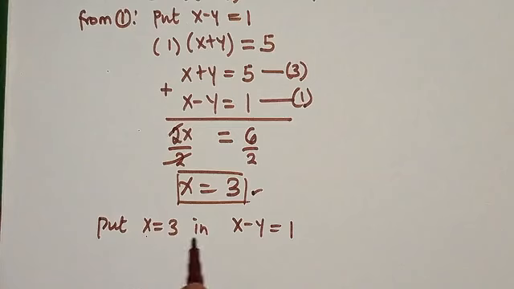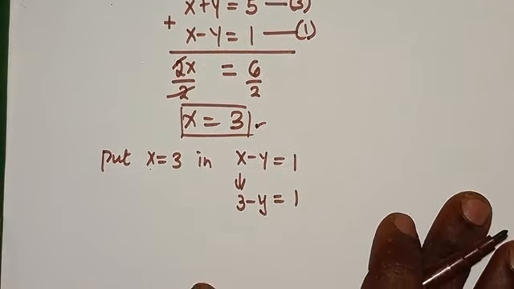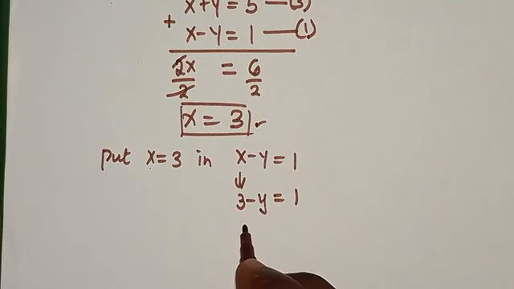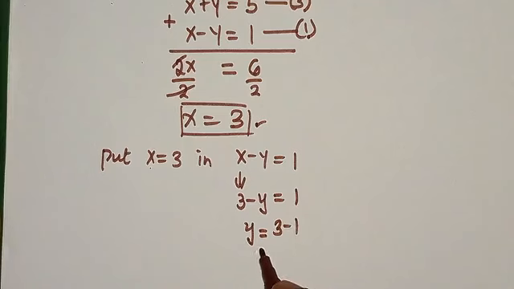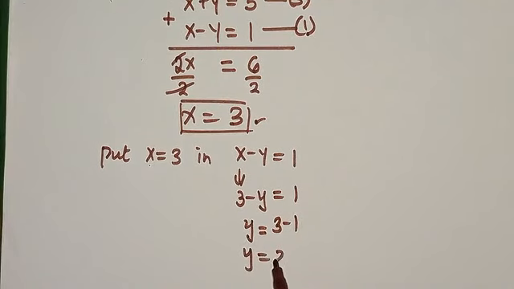So anywhere I see x, I replace 3. So here I'm going to be having 3 minus y equals 1. Then let me take this minus y to the other side, that is transposing it. So I'm going to be having y equals 3 minus 1. Then I have y to be equals 2.